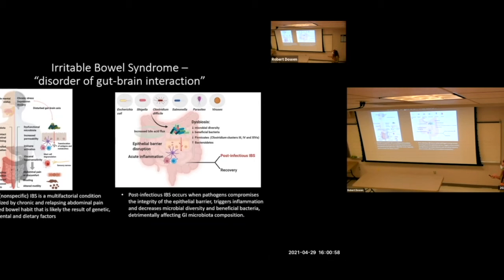And so in this example of non-specific IBS, so this is a sporadic kind, you have chronic pain in your abdomen, there's a change in your bowel habits, and these are likely the result of genetic and environmental and dietary factors, all things that are impacting your gut microbiome.